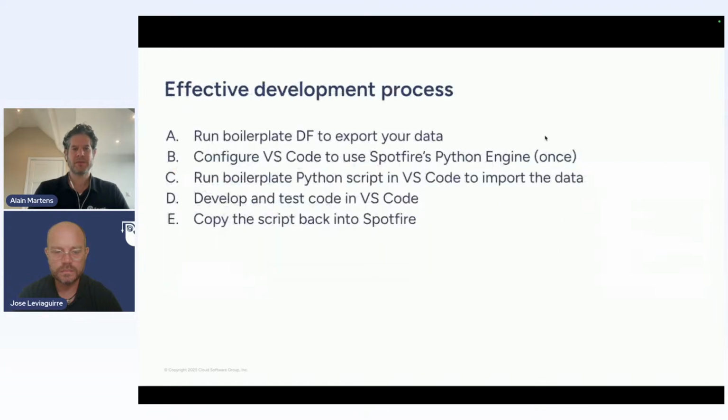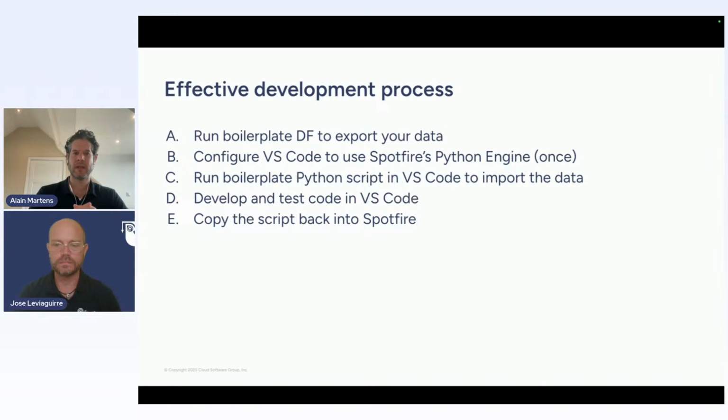The process for effective development that I'll be covering today is the following. First, we'll run a boilerplate data function inside of Spotfire, which will export your data to a pickle file. Then we move over to VS Code, and from here we'll configure VS Code to use Spotfire's Python engine.